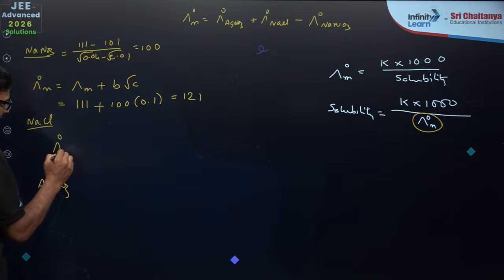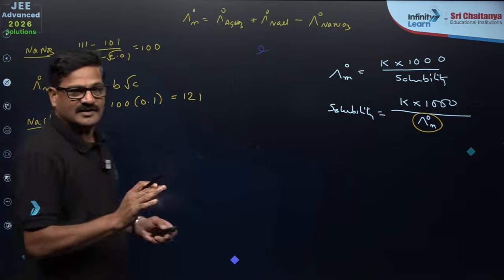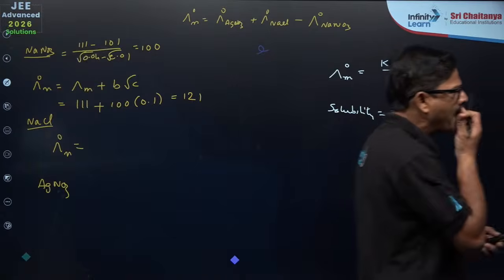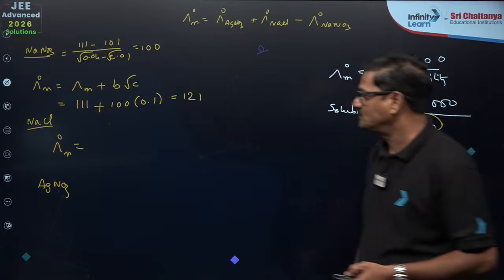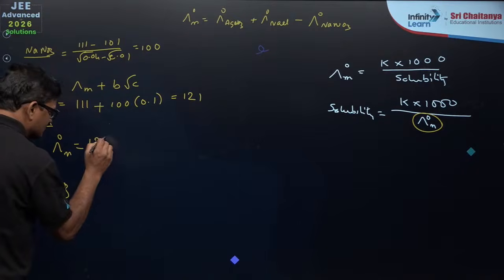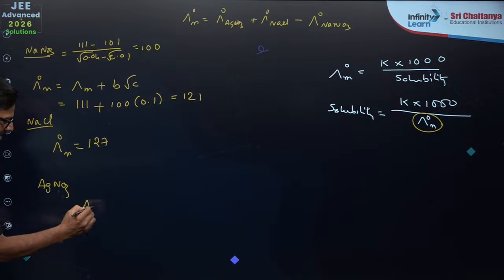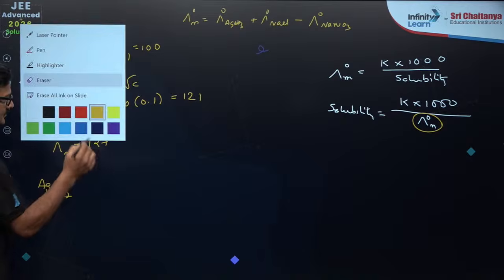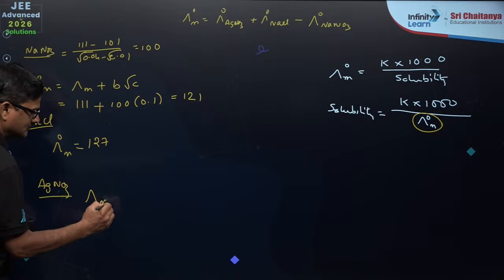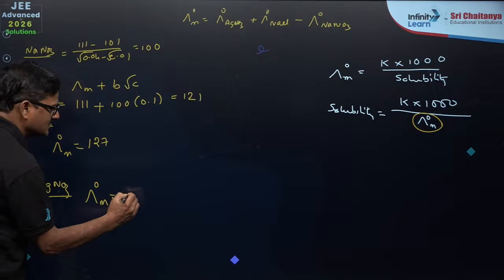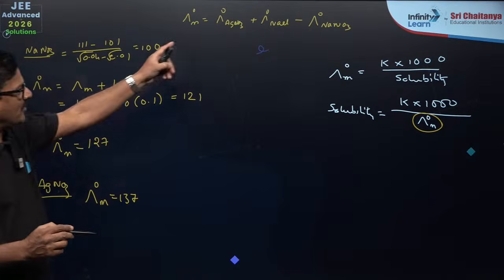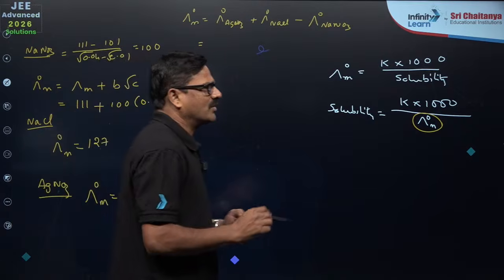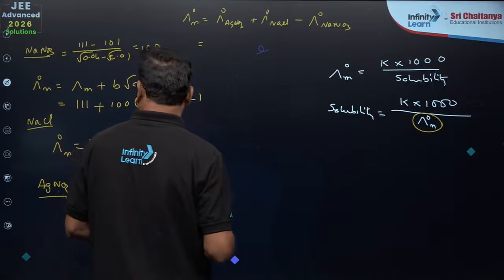Similarly, for molar conductance, the same way you can calculate, it is coming to be 190. It is going to be 127 and here it is going to be 137. So the formula is available for us, and putting it here for AgNO3 you are going to get 134.